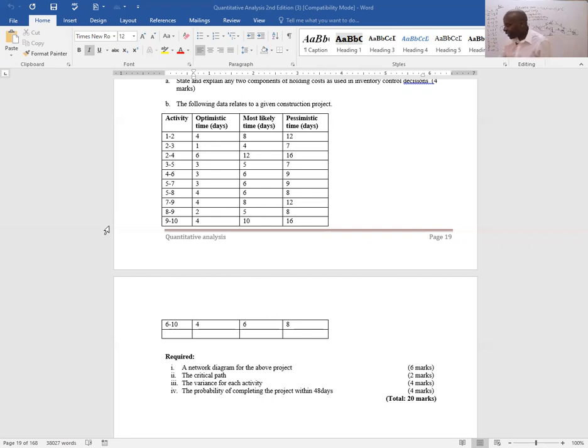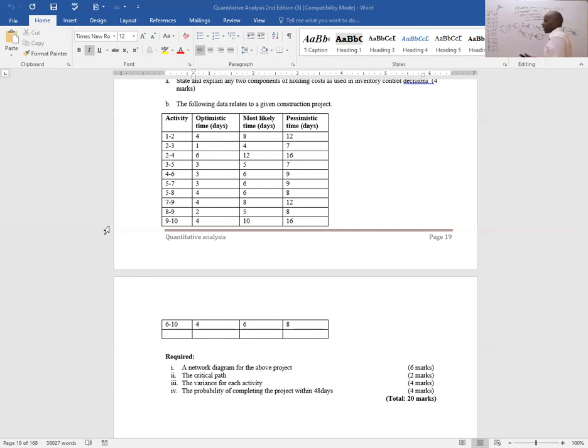The next one is 3, 6, and 9. I've already done that, so I know automatically it will be 6. So F is 6 as well.